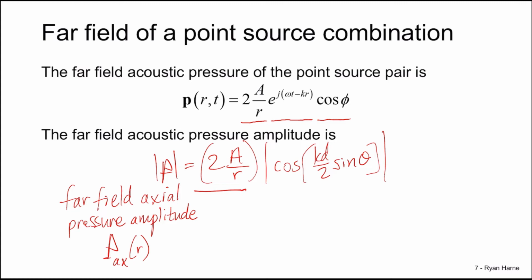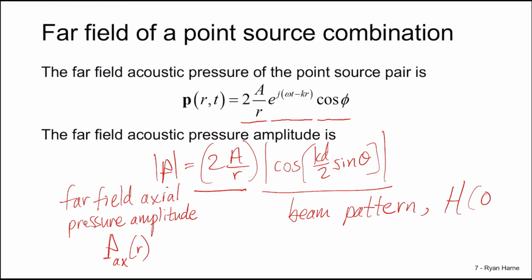The second component in the modulus with the trigonometric functions is called the beam pattern. This demonstrates the angular dependence of the sound field, and this is given as a capital H as a function of theta, so that our complex acoustic pressure amplitude P is equal to, in general, P sub ax as a function only of r, and the beam pattern, capital H, only as a function of theta.